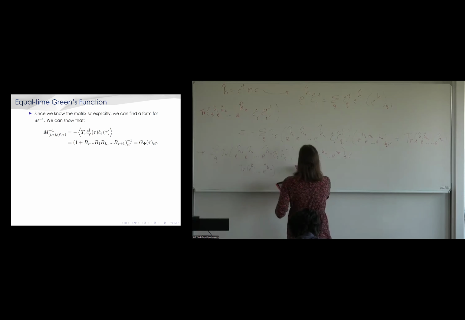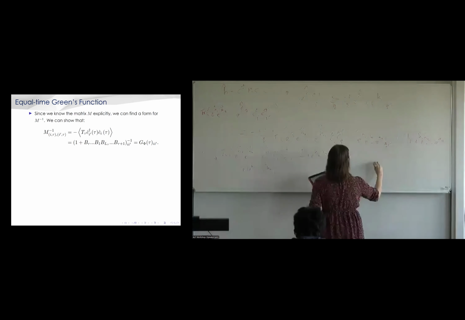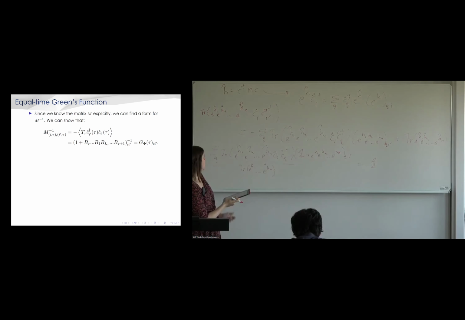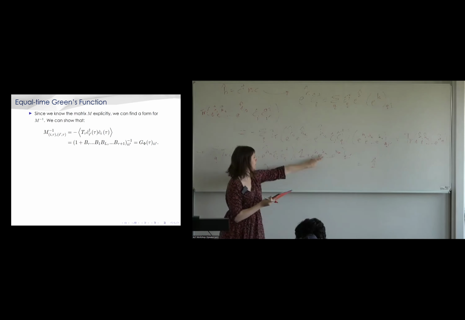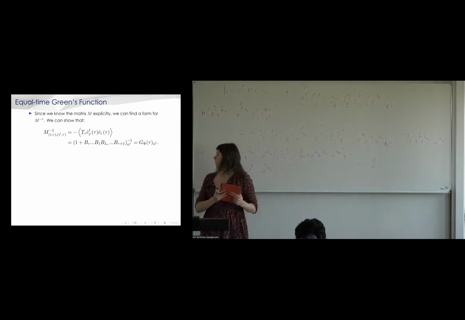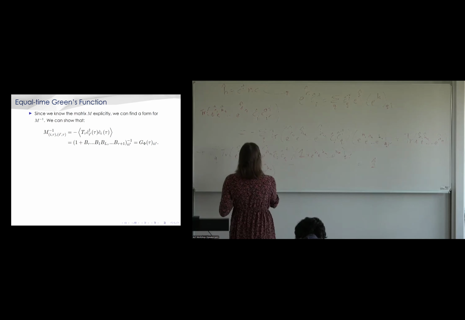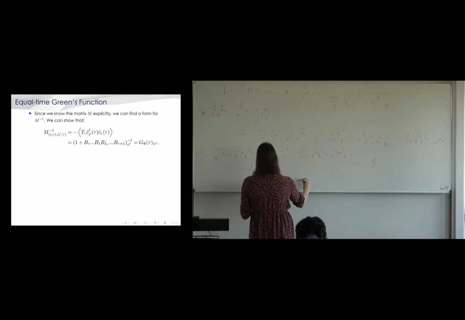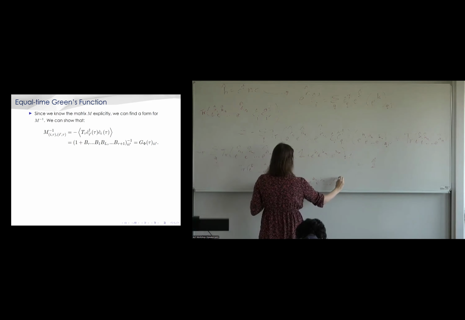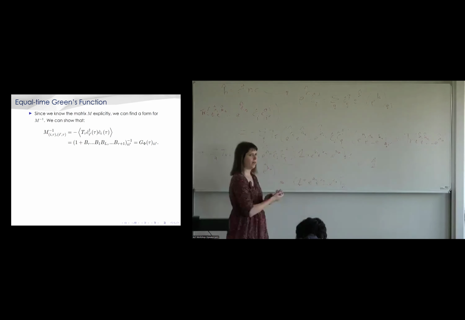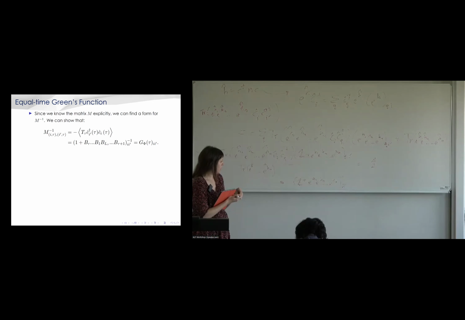But all of this is just equal to 1. And so then you can just solve for this thing. This piece will go over here, and you'll get the inverse of this matrix at that point. So this piece will ultimately just be I, 1 plus e to the H1, e to the H2, e to the HN inverse I prime. And that's how you can get the equal time Green's function from the operators.